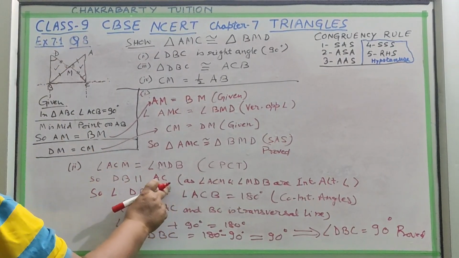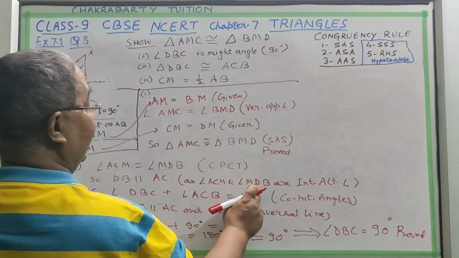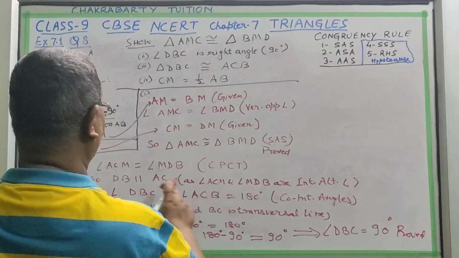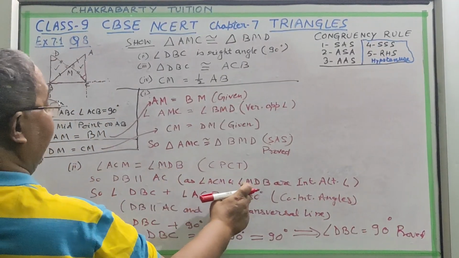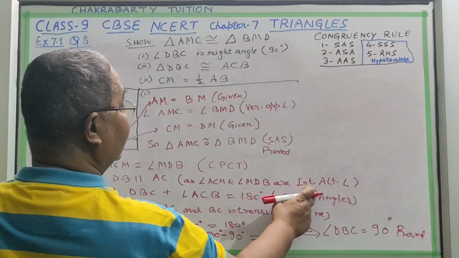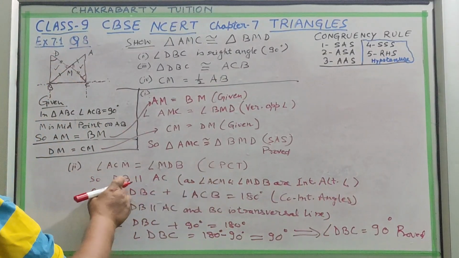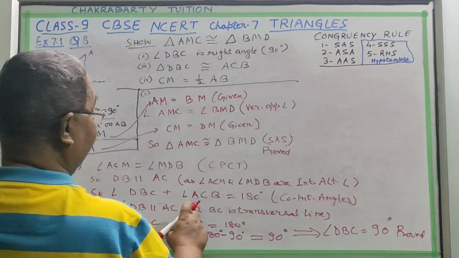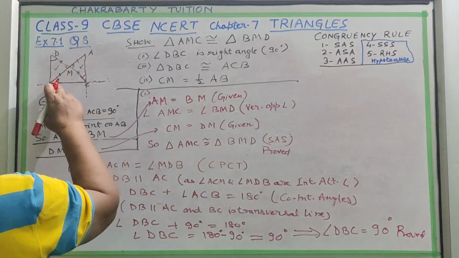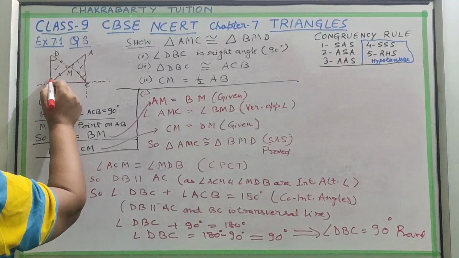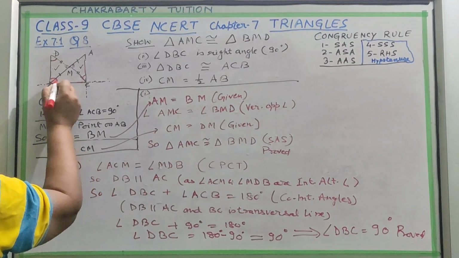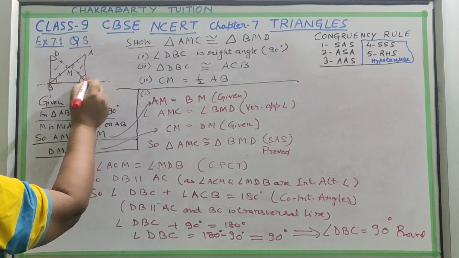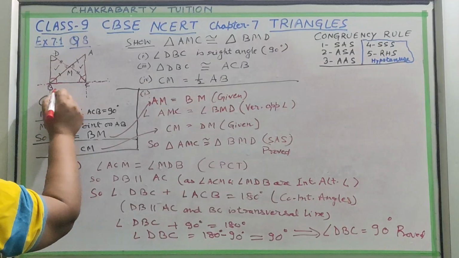DB is parallel to AC, we have proved, as ACM and MDB are interior alternate angles. As both ACM and MDB are interior alternate angles, they are equal, that's why these lines are parallel. Now angle DBC plus angle ACB is 180 degrees, because this whole angle and this whole angle are cut by a transversal line, and these are parallel lines.